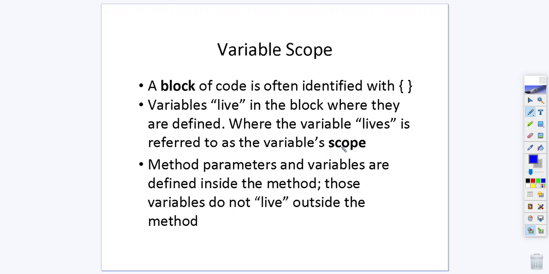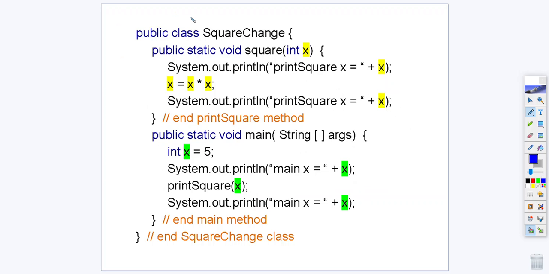So basically a variable exists from the time it's created to the end of its block of code, which is normally indicated by curly braces. So if I define a variable inside the main method, it exists in the main method only. If I define a variable as a parameter in a method, it only exists in that method. It can't be used in different methods.